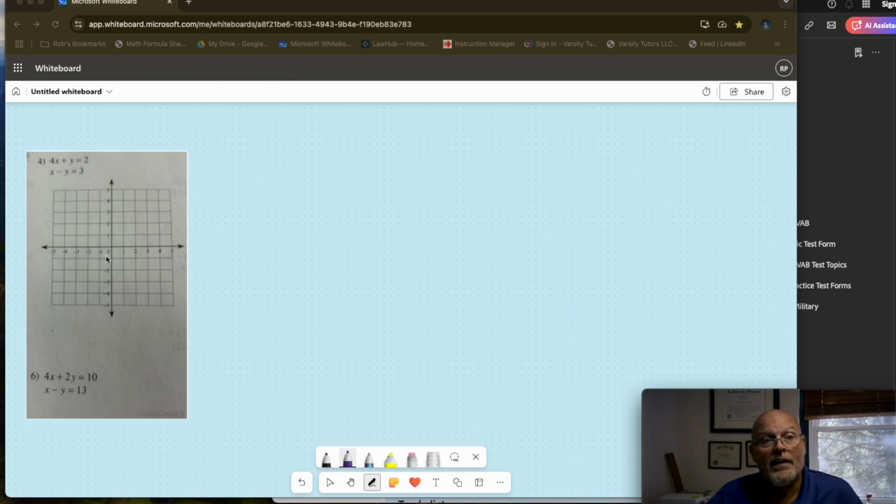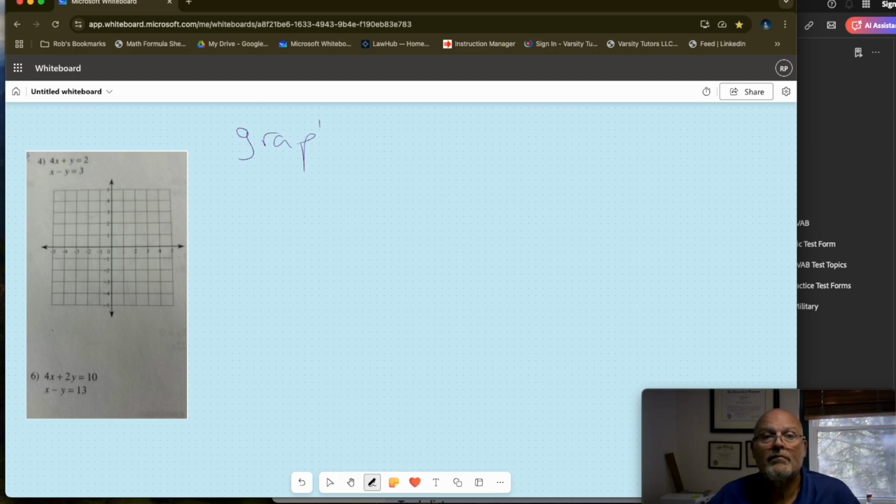And what we're going to get is two different equations, and we're going to find an x and a y that is a solution to both equations. Now the way we can do this is there are three methods. One is graphing. The second method is substitution.